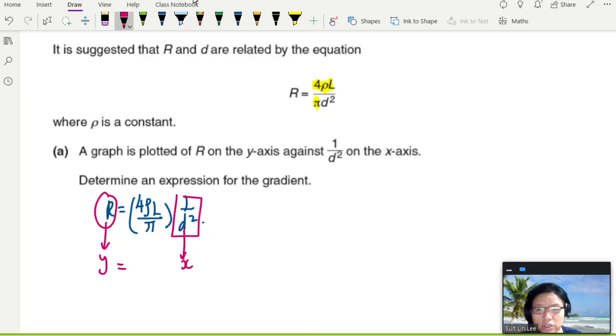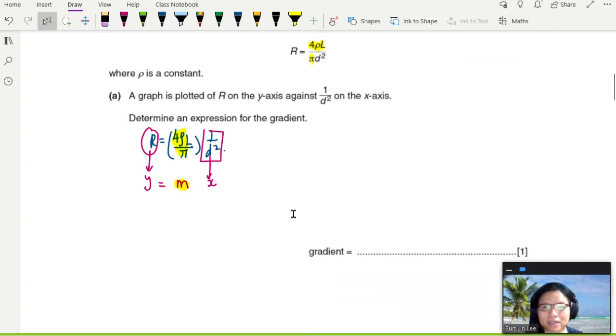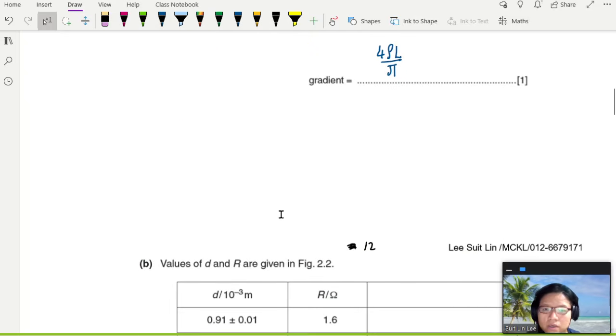So if you compare with the general equation of a straight line, the 4 rho L over pi will conveniently be equal to the gradient. Very nice. So you can write your answer for all of 1 mark. So we're gonna write here that the gradient is equal to 4 rho L over pi. Okay, pretty straightforward. We're gonna move on to the next part.